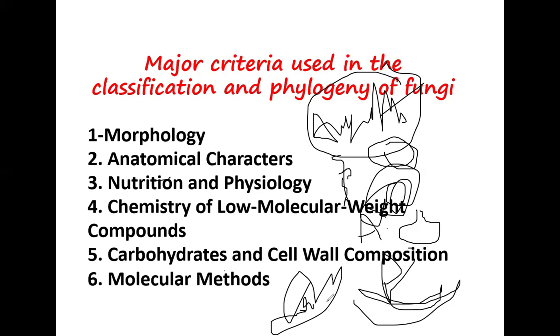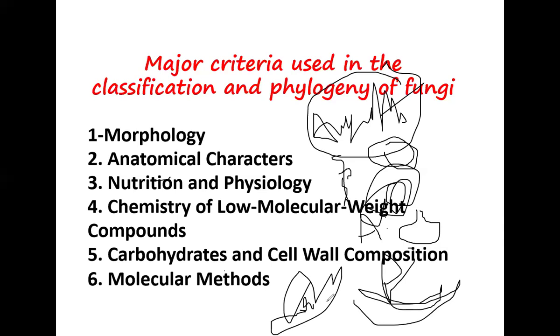Okay, and nutrition and physiology. How the cell wall structure is, how the physiological function is, what type of nutrition, whether it is an obligate parasite or facultative parasite, saprophyte, symbiont or parasite, or other types of nutrition, predaceous. And the chemistry of low molecular weight compounds.